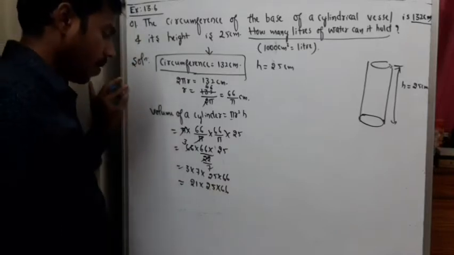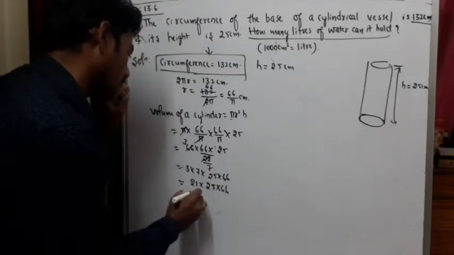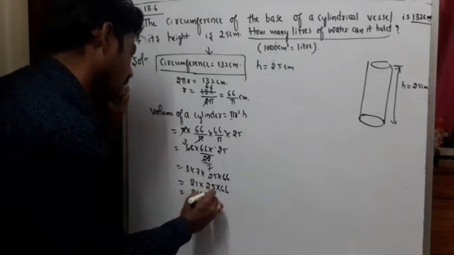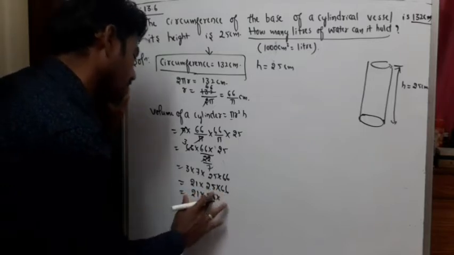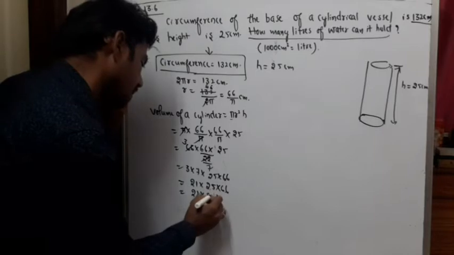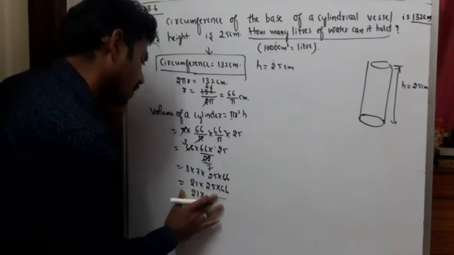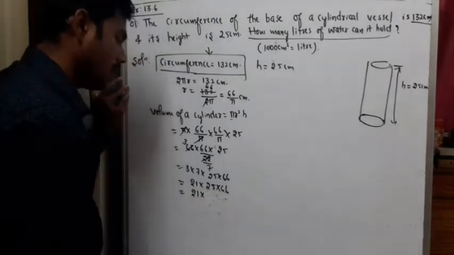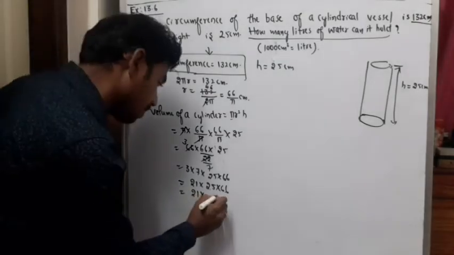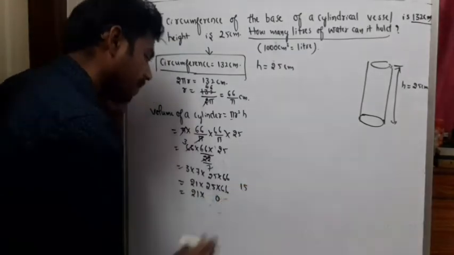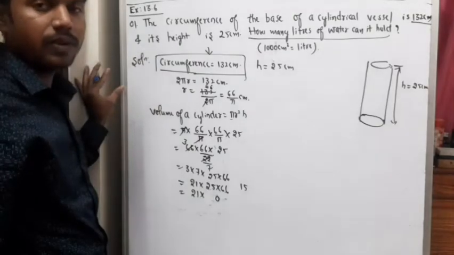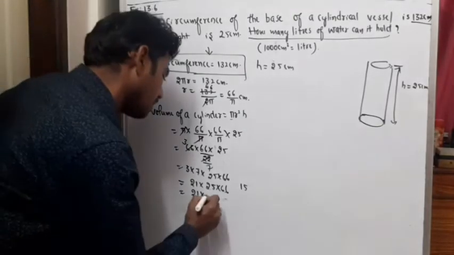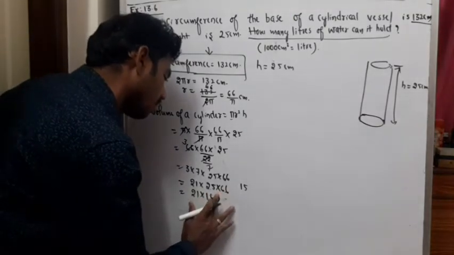Now 21 into 25 into 66, or else we will multiply 25 into 66. 25 6s are 150, 0, 15 carry. 25 6s are 150, 150 plus 15 is nothing but 165, so 1650.